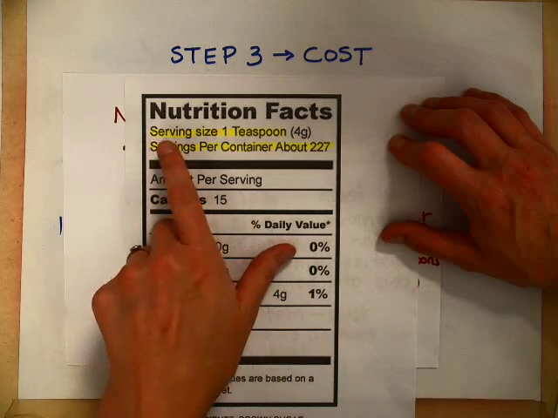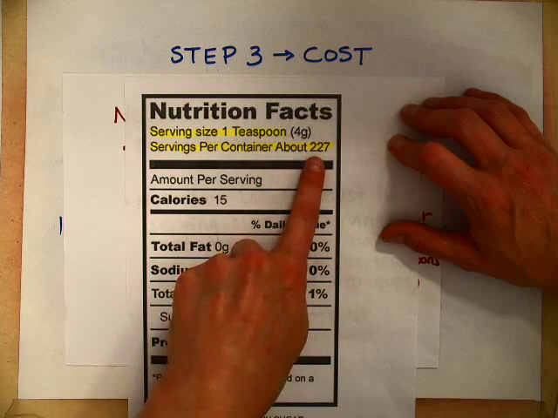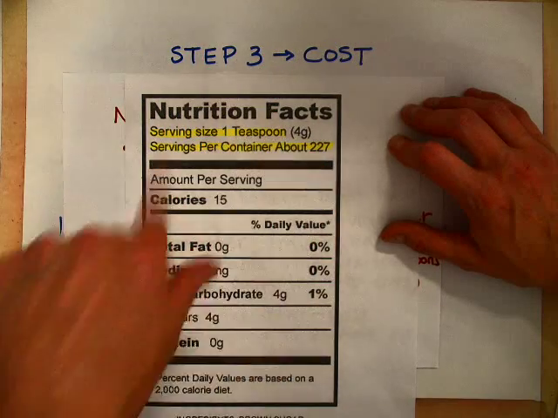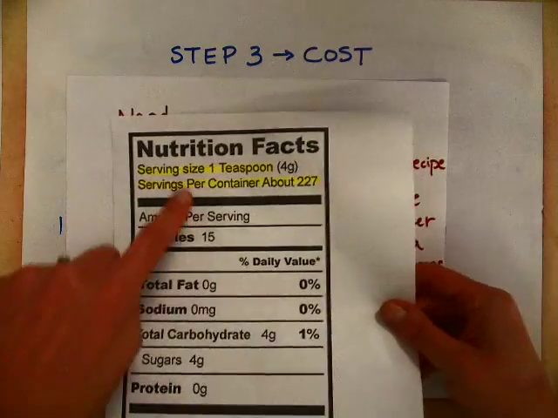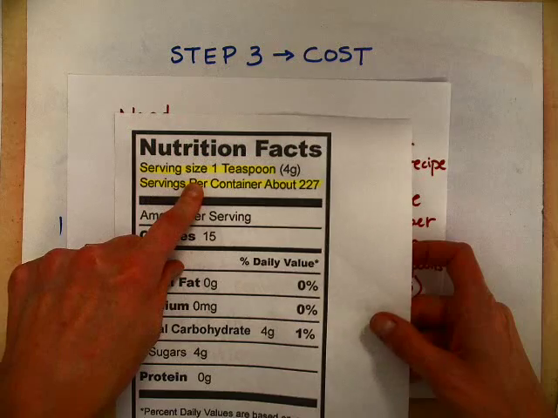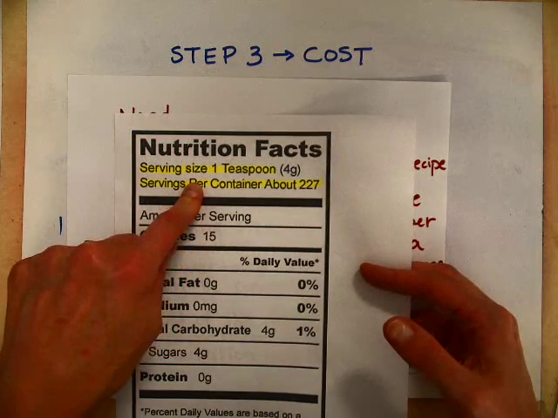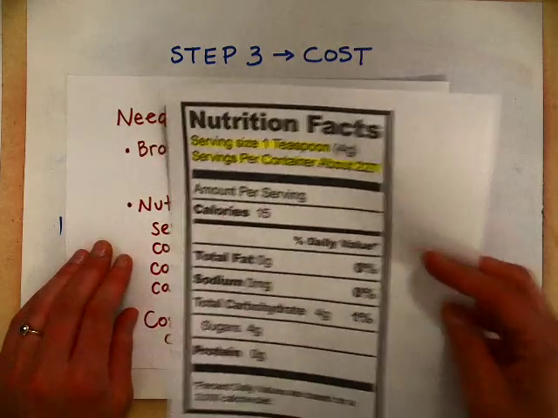So if my serving size is 1 teaspoon and my servings per container is about 227, then there's about 227 teaspoons in that container of brown sugar. Okay? So that information has to be on whatever nutrition label you find. So not all nutrition labels actually work. You're going to have to find the right one.